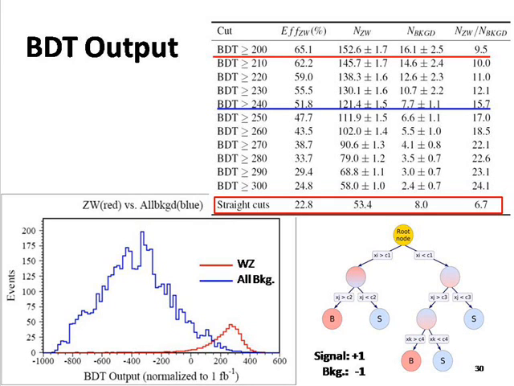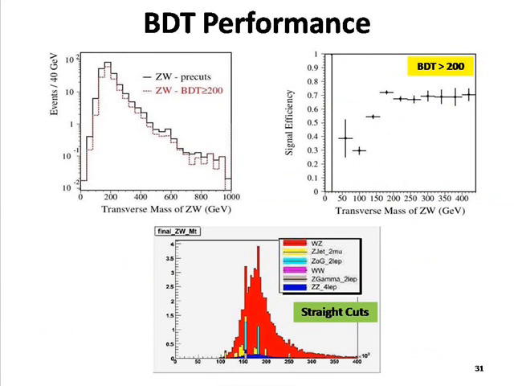If we want to use BDT, there's another thing we have to do. We have to gain some confidence in it. It has to be stable. So we selected 2 key plots. One is the transverse mass of WZ. We compare the WZ mass signal distributions after the pre-selection and after the BDT cut.